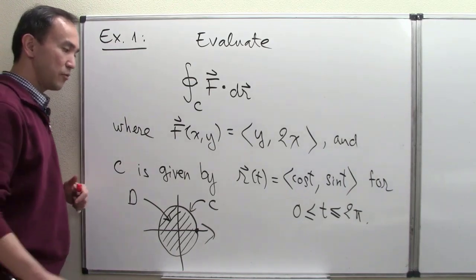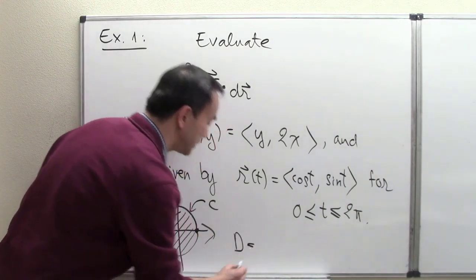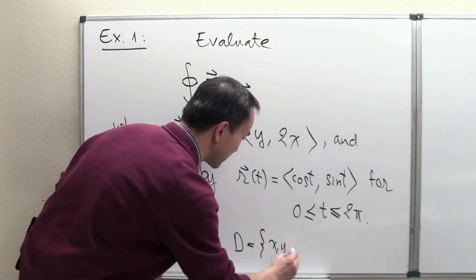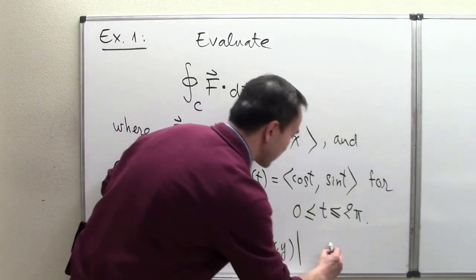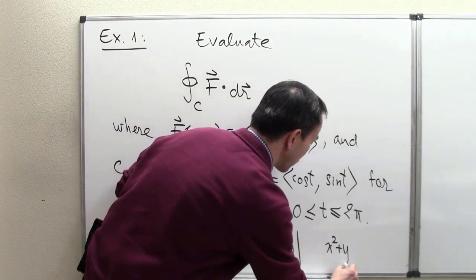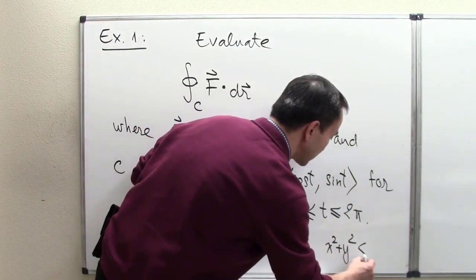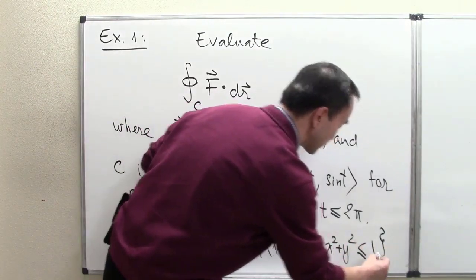So in that way we have a couple of developments right here. D is indeed all x and y pairs of values satisfying x squared plus y squared less than or equal to 1, in rectangular coordinates description.